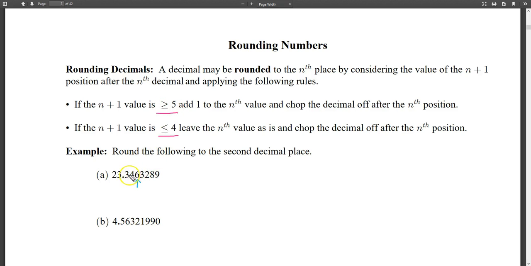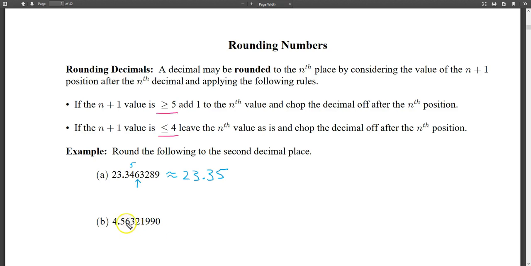So we add 1 to the second decimal place, make the 4 a 5, and then we just chop everything off and throw away the 6, 3, 2, 8, 9. So this would be rounded to 2 decimals. It would be approximately 23.35. And there it is rounded to 2 decimal places.